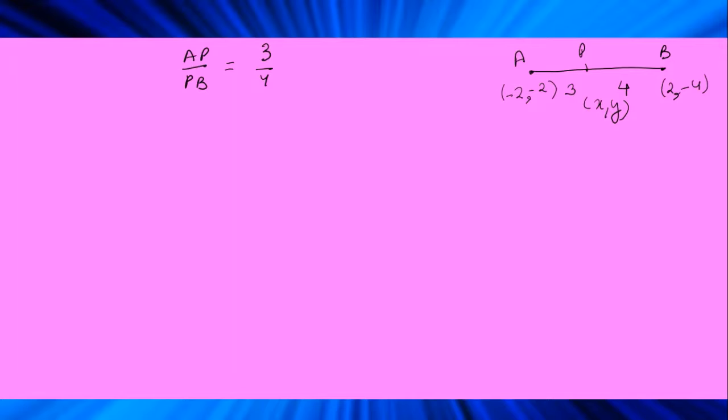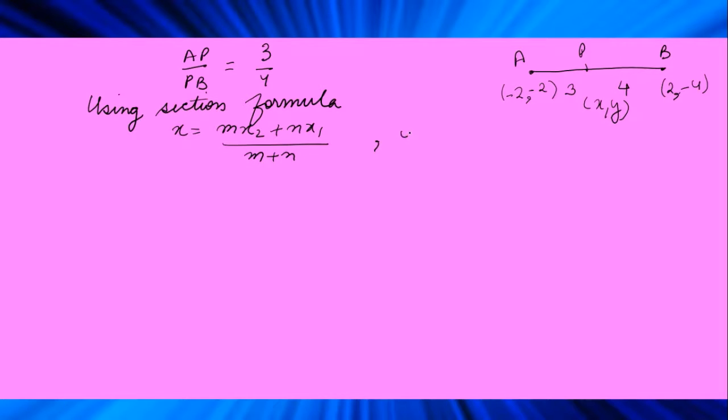Now using the section formula: if you know the ratio and you have 2 points, you can calculate by section formula. What was the section formula? That was x is (mx2 plus nx1) upon (m plus n), and y is (my2 plus ny1) upon (m plus n).